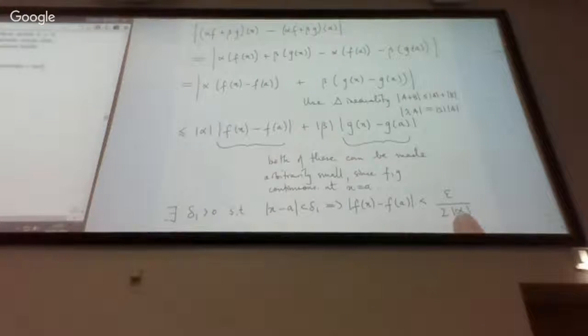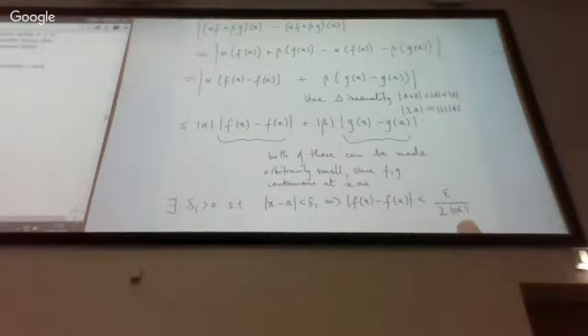So this is true, you see, because what I'm doing here is using a special instance of the continuity of f at A. The value of epsilon I'm using is this new value, epsilon over 2 times the absolute value of alpha, but that's just some positive number.